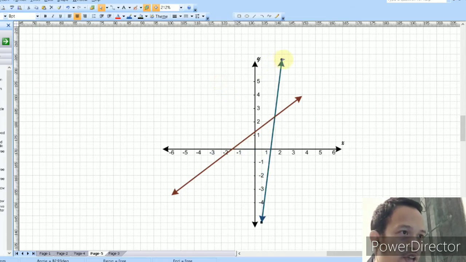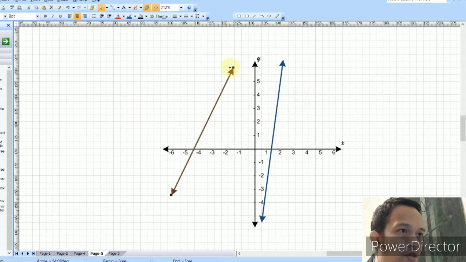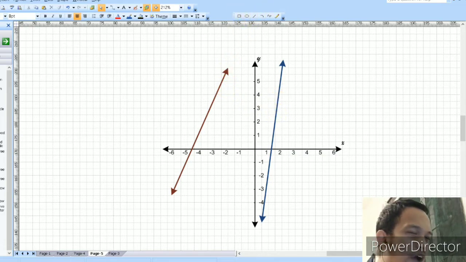If I have another case like this one, we have one intersection. Even if I have this one, since they have two different slopes, in the end they will intersect each other, and you can be certain that there will be only one intersection, so only one solution.